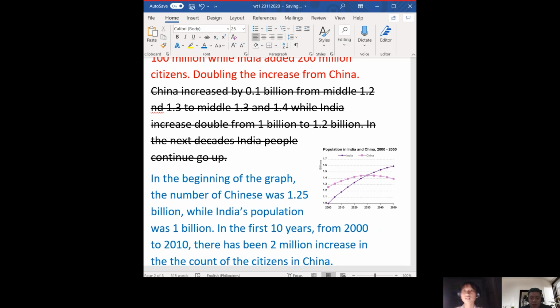What is the increase for the first 10 years in India?